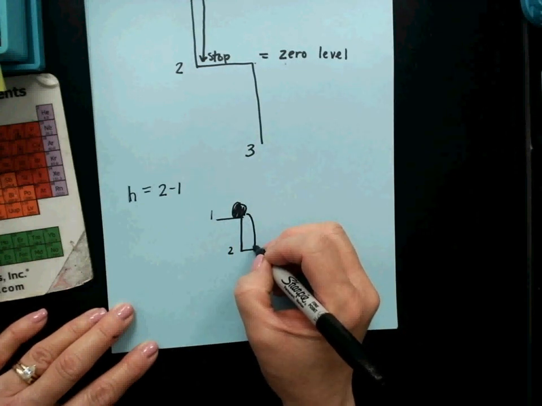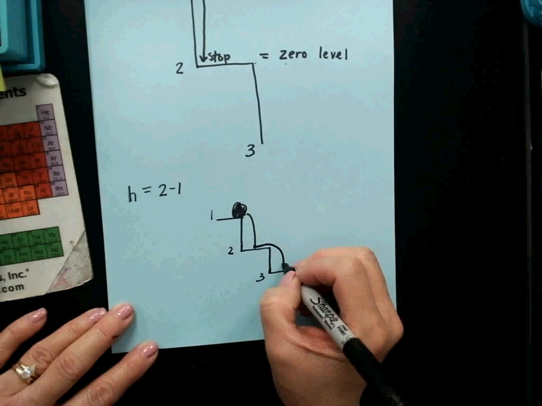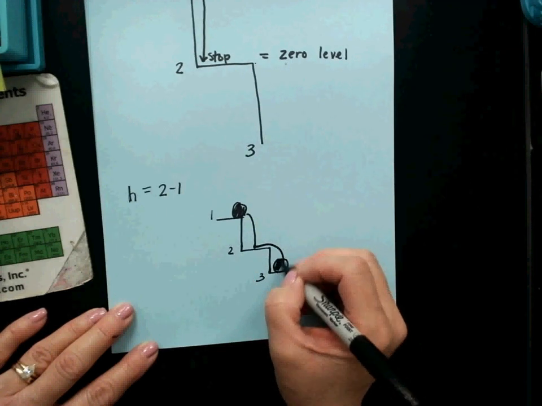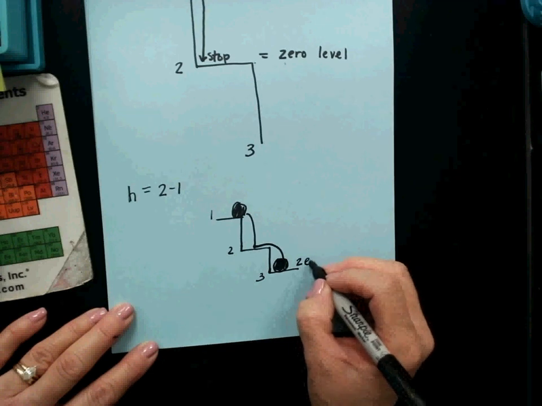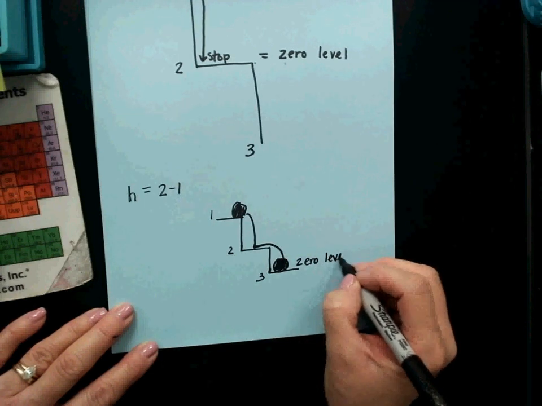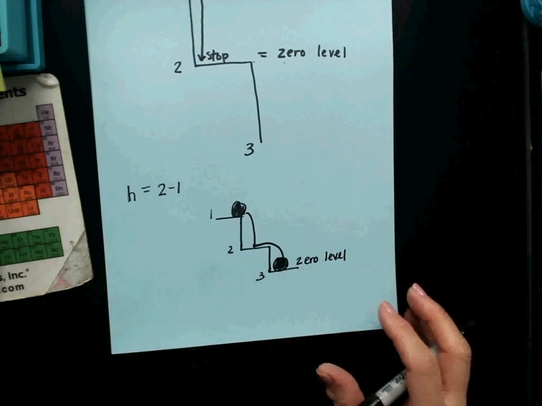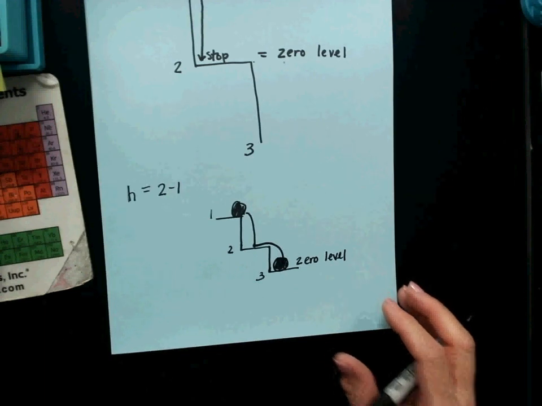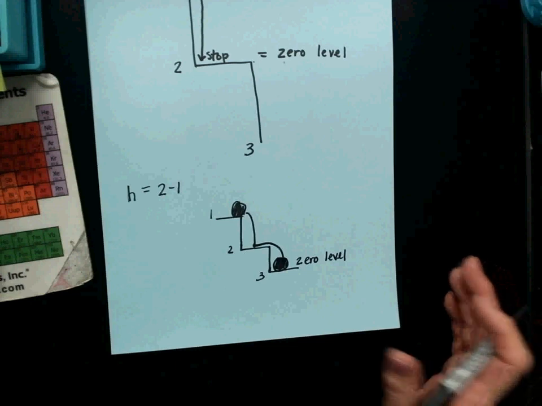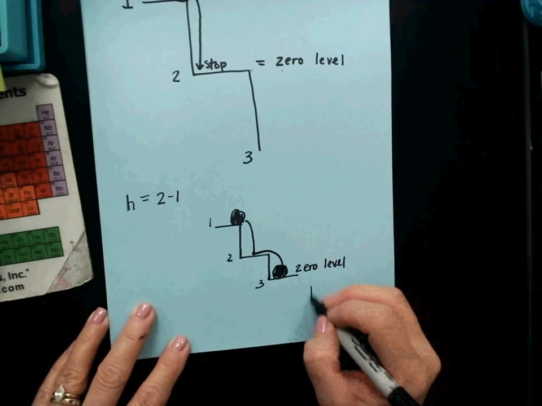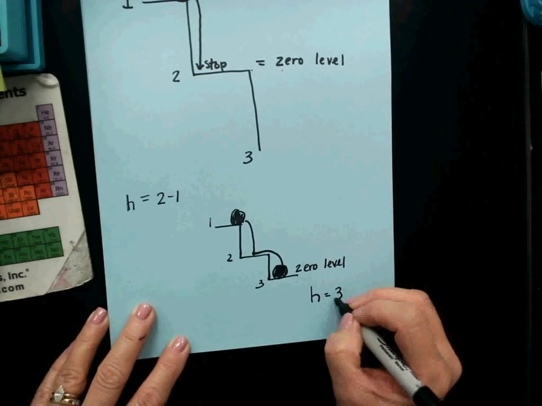And my ball's going to start up here. It's going to land here, roll, and land at the bottom. So this would be now my 0 level. So when you get these problems, you have to ask yourself, oh, where am I landing and what's my 0 level?